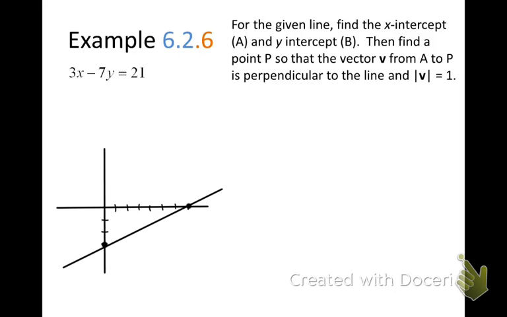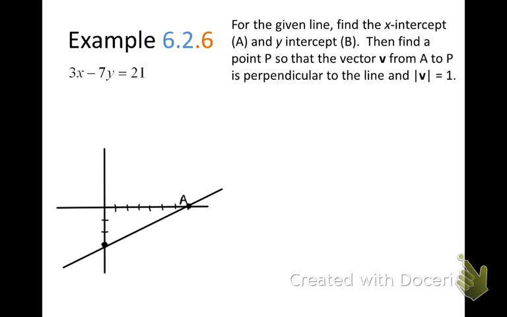What did I say was point A? Yeah, so this is your point A right here. And I want you to find a point P so that the vector from A to P is orthogonal, or perpendicular, right? But it has a magnitude of 1.